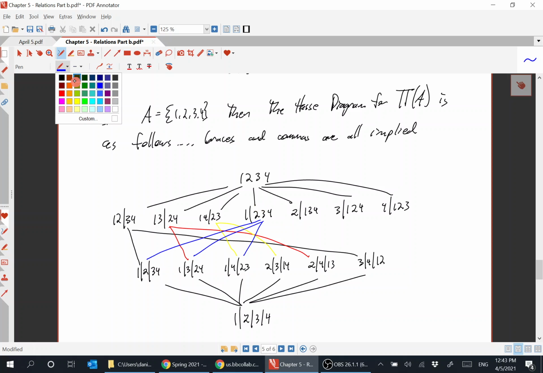This one here, 1 and 3, that one. 1 and 4 is this one. 3 and 4, that one again. This one, purple. 1 and 2, 1 and 4, and 2 and 4.